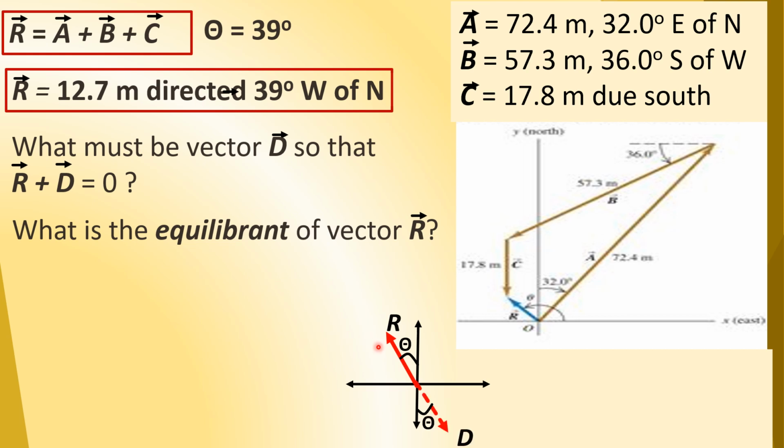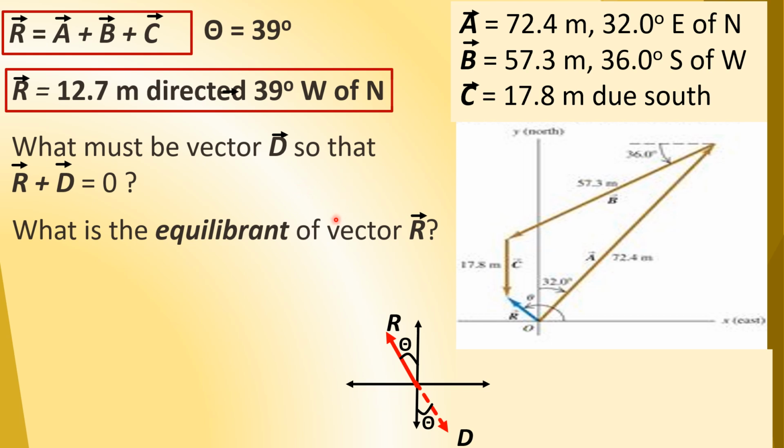It is represented by the broken arrow here. And that exactly is the equilibrant vector D. So if vector R is equal to 12.7 meters, the magnitude of our equilibrant vector D must also be equal to 12.7 meters. And what is the opposite angle?